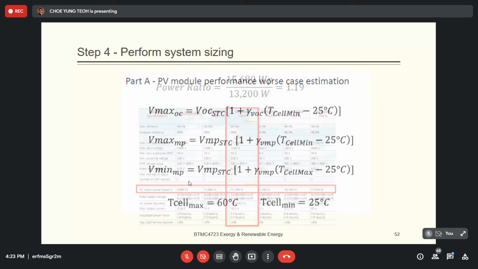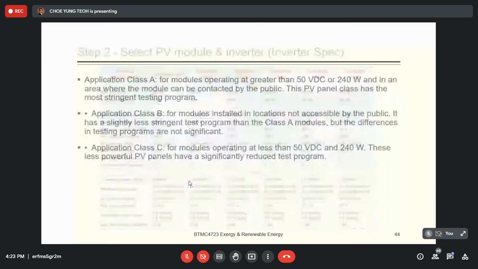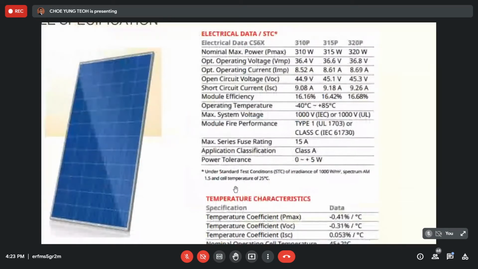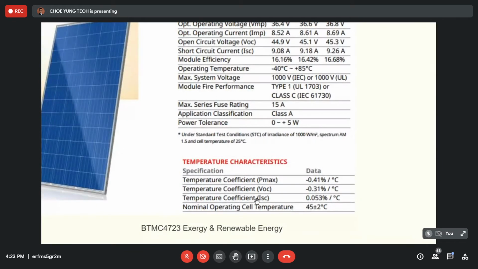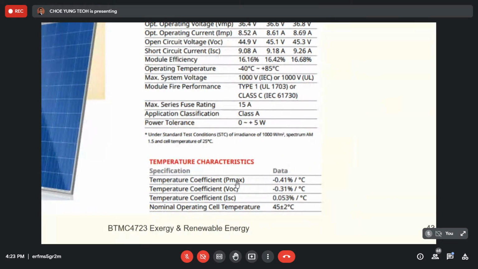Okay, I'll show you again. Let's say now I want to calculate the voltage at 60 degrees Celsius. You can see that the power will drop by negative 0.41% when the temperature increases by 1 degree Celsius.